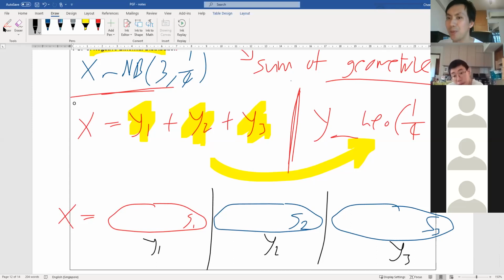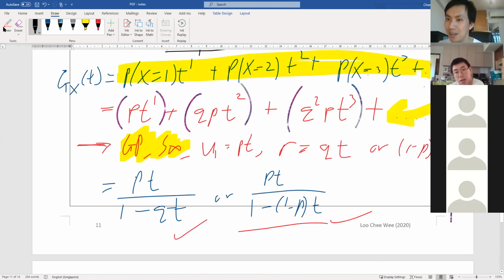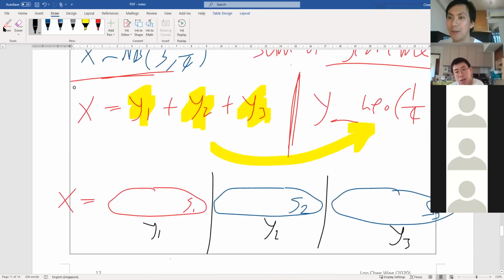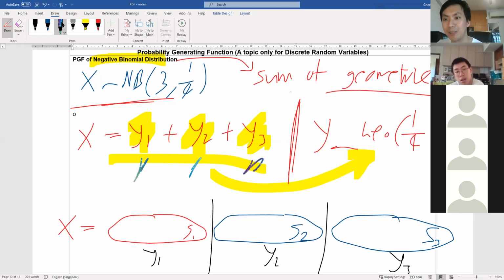Then with this, you can mix up the results from here, which we have already established very easily, and the ones above. The PGF of an addition of variables is simply the multiplication of their individual PGFs. Each of these is individually geometric, and geometric. So we actually know how they would fall under.